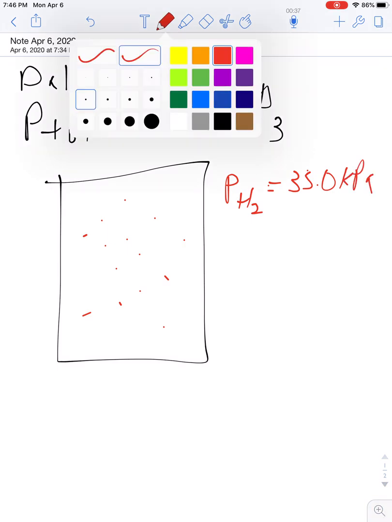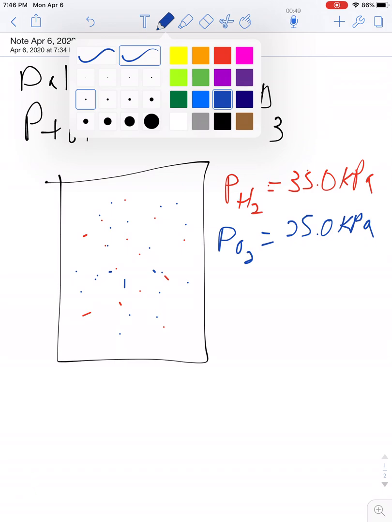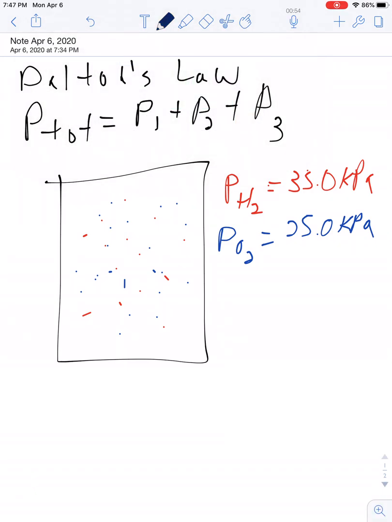And also inside this container is oxygen gas. And the pressure of the oxygen gas is 25 kPa. And let's just give a third gas. Well, let's just stop at a second gas. With the two gases, the total pressure inside the system would be the addition of just these two gases.